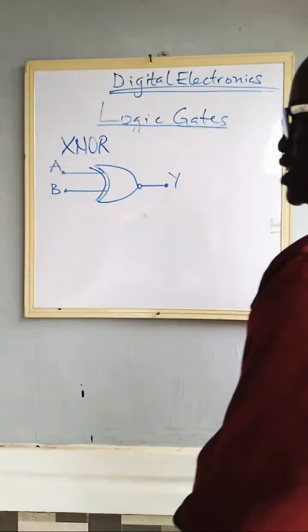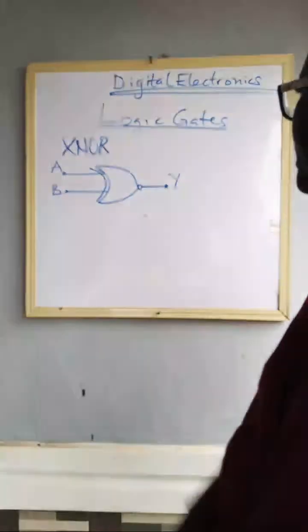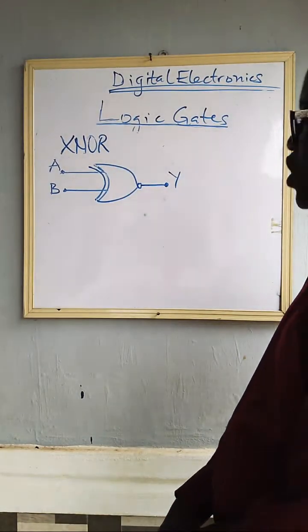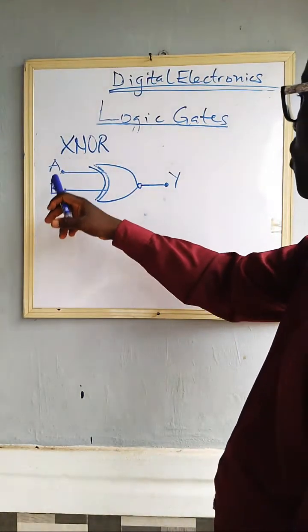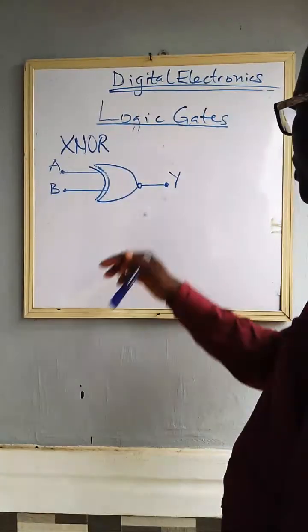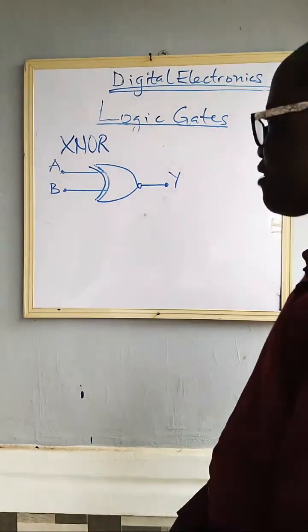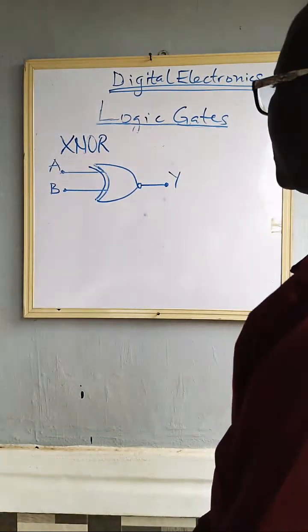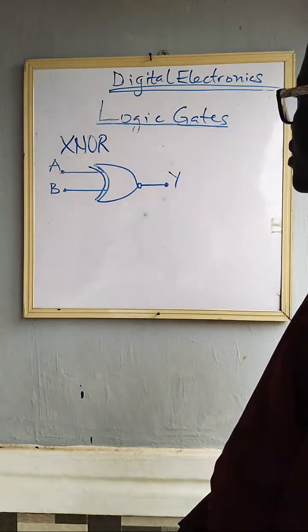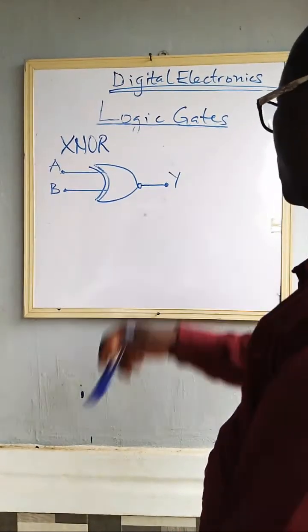Now, how does XNOR behave? When you have the inputs here, an ordinary NOR gate ensures that when you have a low and a low, you have a high at the output. When you have a low and a high, an ordinary NOR gate will give you a low.